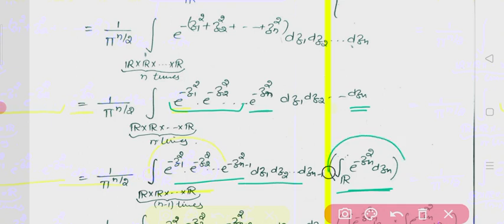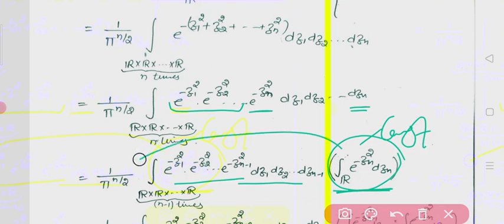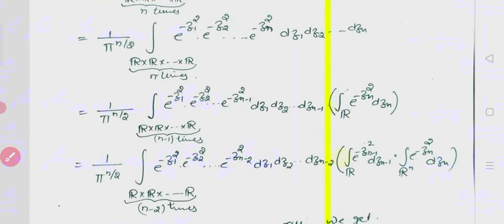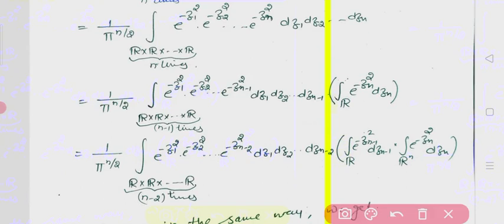When you solve this one, it will be some constant, so keep it as it is, or you can write it outside the integral. Either write it at the end or keep it here. We have kept it in the multiplication, so we wrote it in brackets here, right? Now what is left here is the integral over R cross R up to n minus 1 times, right?